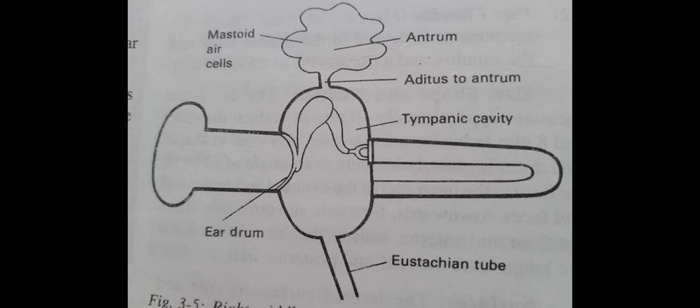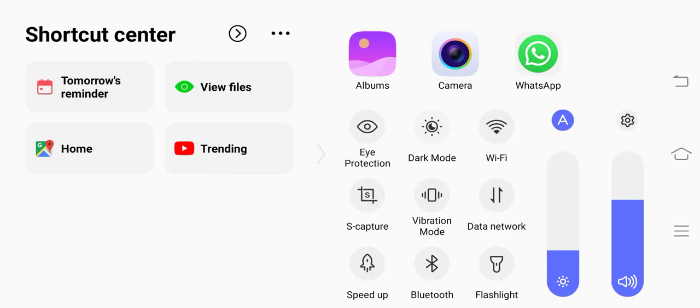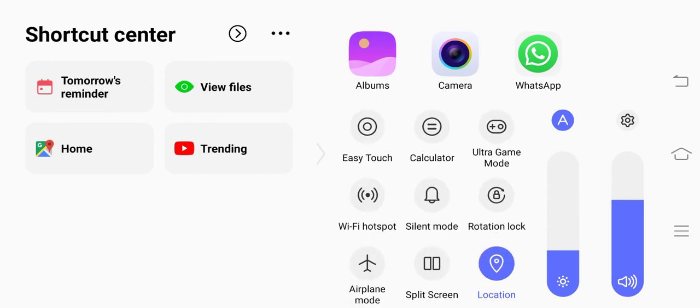Regarding the parts of the external auditory canal, the outer 1/3 is cartilaginous and the skin is immediately adherent to the cartilage, and therefore when there is a furuncle in this area it is very painful.